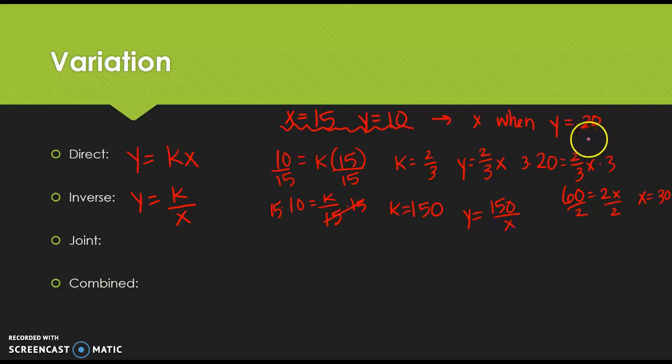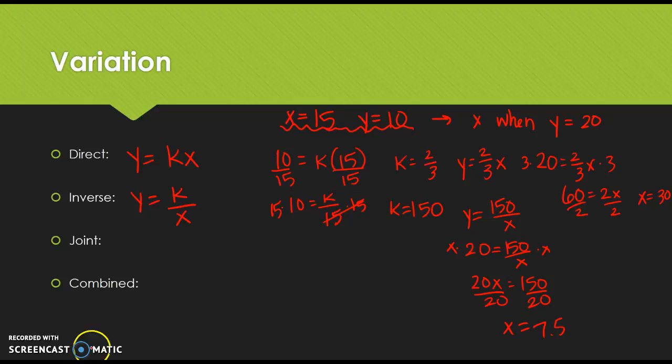Plug in 20 for y, so I have 20 equals 150 divided by x. Multiply by x to get it out from the denominator, so 20x equals 150. Divide by 20, and we get x equals 7.5. I think. Yep.